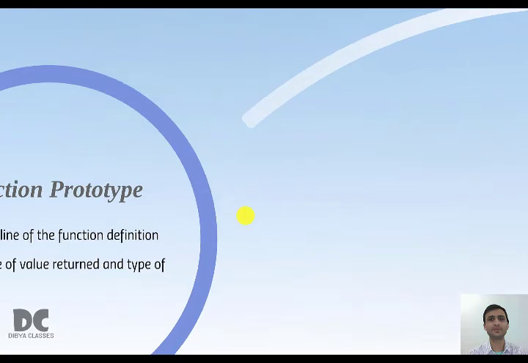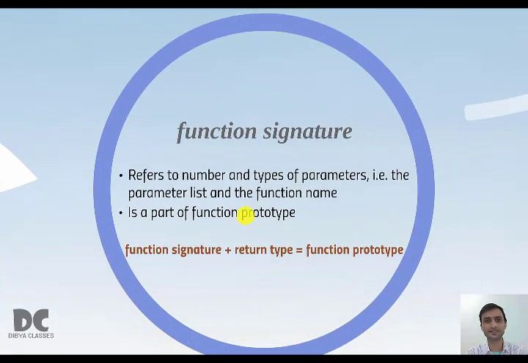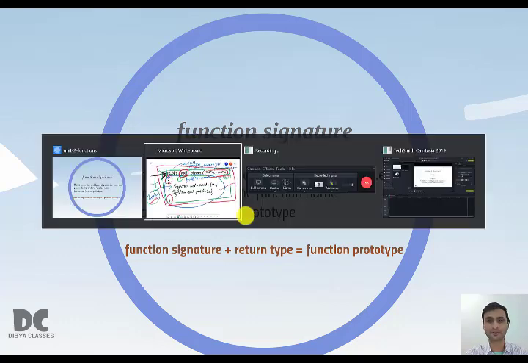So the next concept is function signature. What is function signature? It refers to the number and types of parameters, that is the parameter list, and the function name.